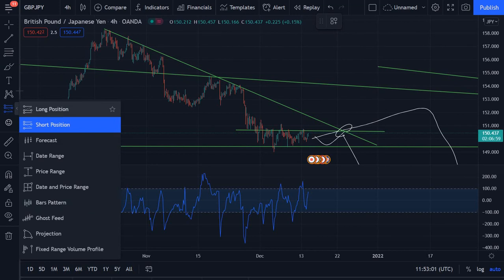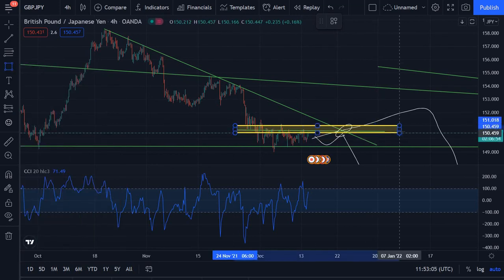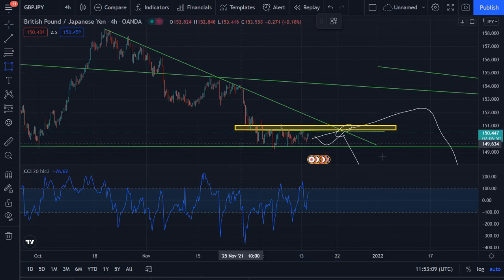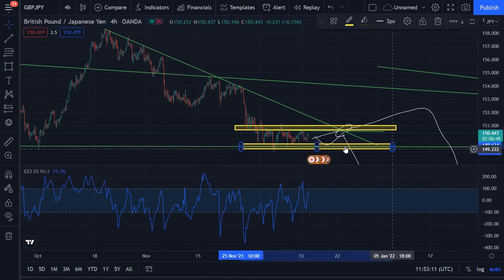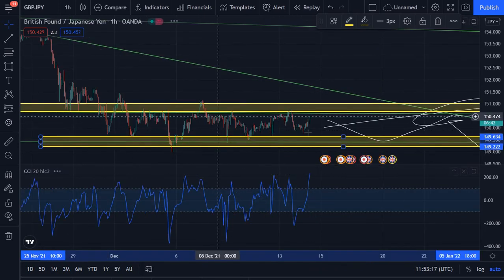Pretty simple as it is. And then look for a break below this zone on the 1-hour chart, on the daily and weekly.